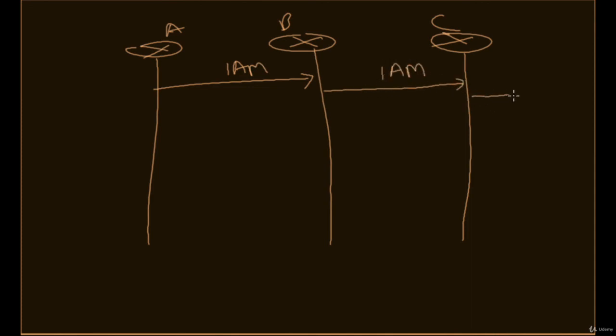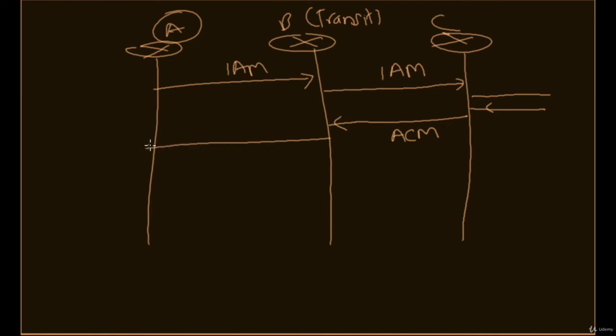It will try to alert, and on getting the alerting info, it will send the ACM, and ACM will contain the status of subscriber. A is the originating one, C is the destination one, B is the transit one. So on receiving this ACM, it will again generate another ACM corresponding to this IAM.